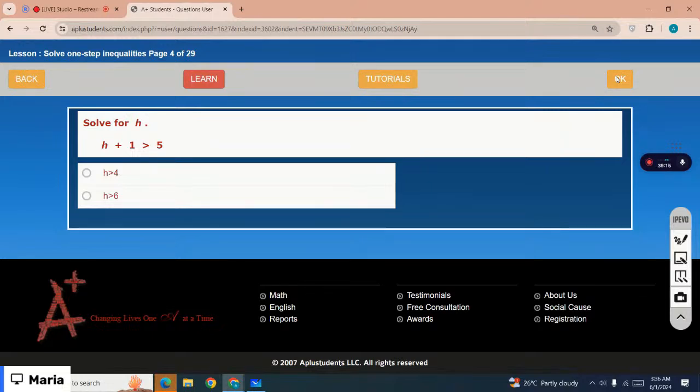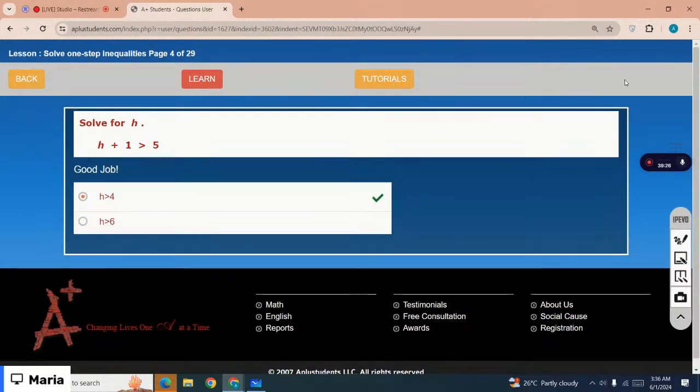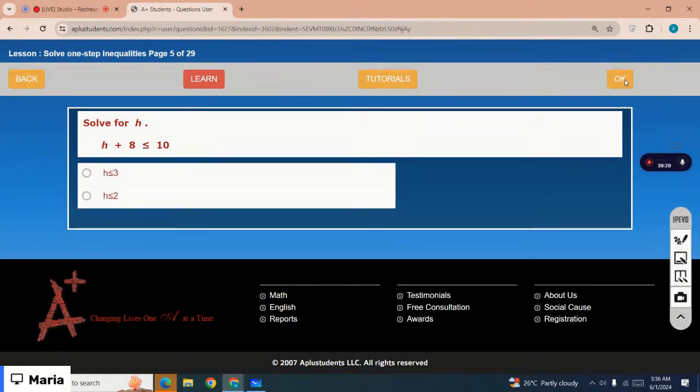h plus 1 is greater than 5. So which is the solution? Very good. That is h is greater than 4. The correct option is option number 1. h plus 8 is less than or equal to 10, which is the correct option?